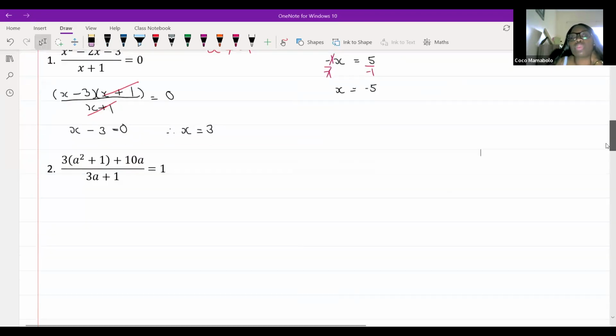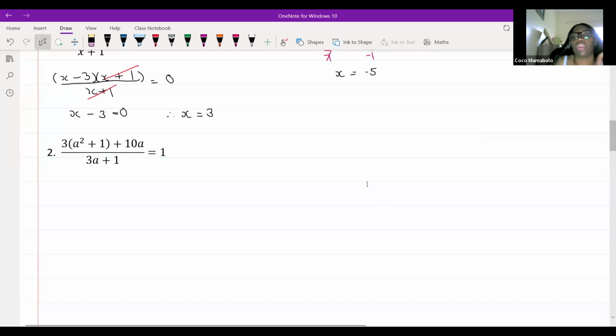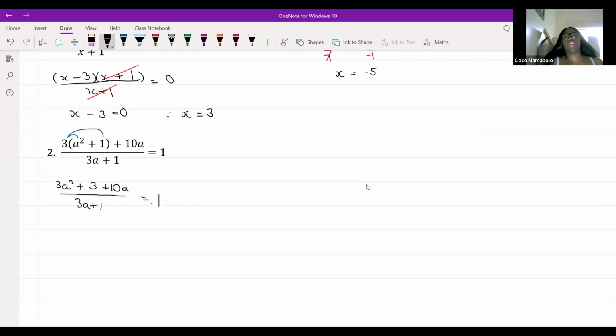All right, let's have a look at number 2. Now, Hulani says we should distribute, and I kind of agree with her. Let's start by distributing this 3 into this bracket over here and taking it away. So I'm going to end up with 3a squared plus 3 plus 10a over 3a plus 1 is equal to 1. Now, I know that the top is actually a trinomial.